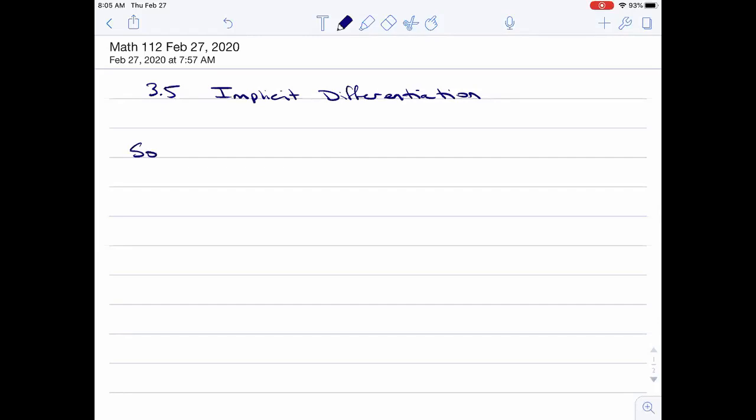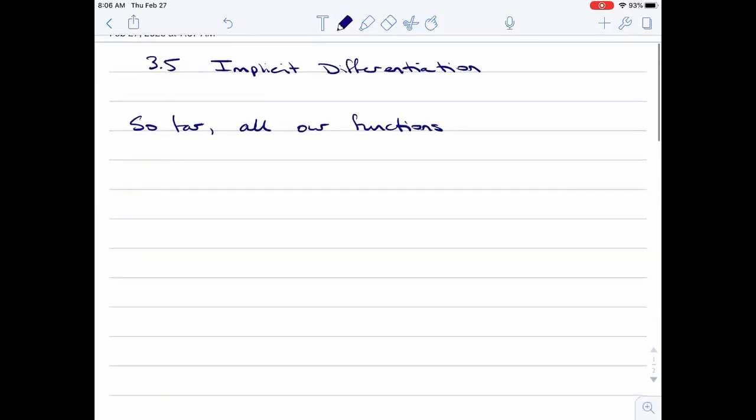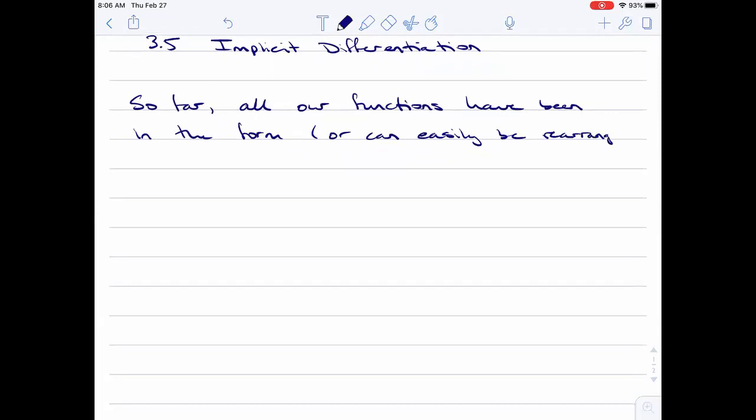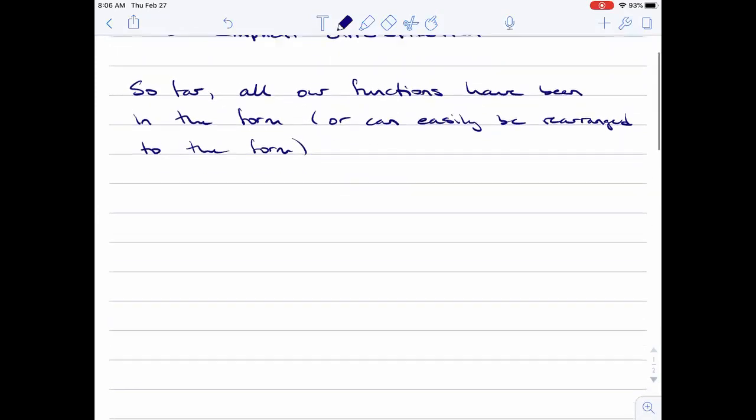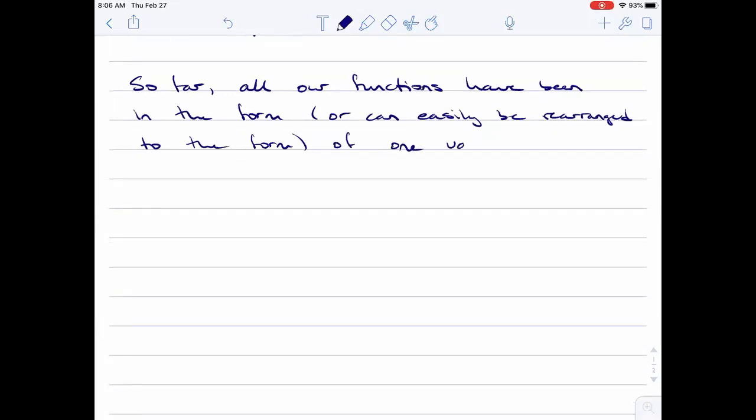So far, all our functions have been in the form, or can easily be rearranged to the form, of one variable, usually y, expressed in terms of another variable, usually x.